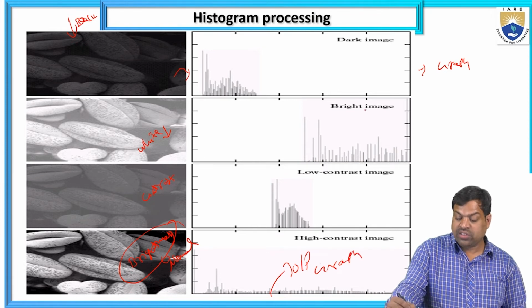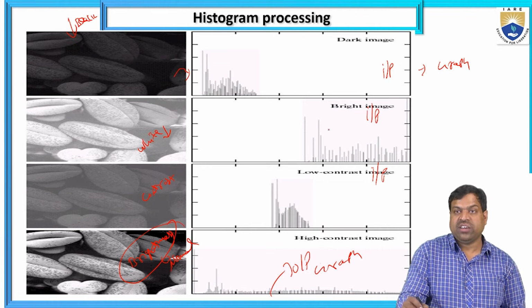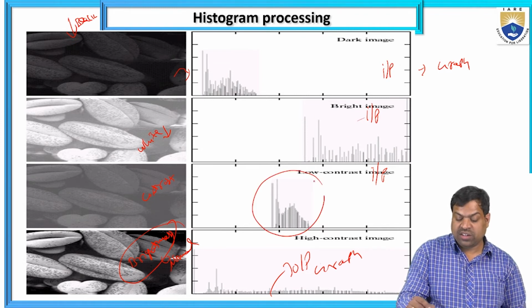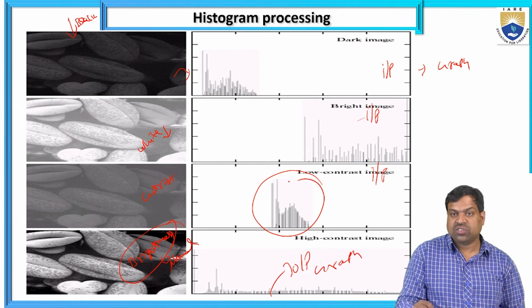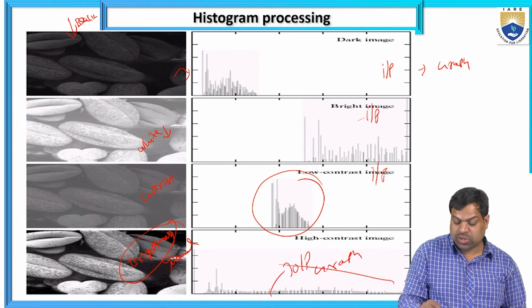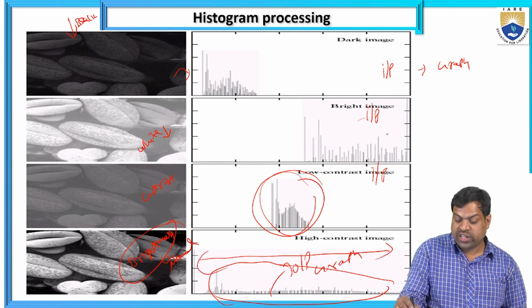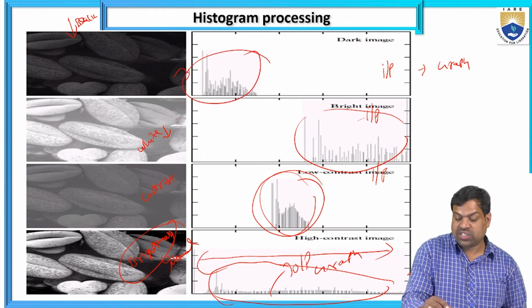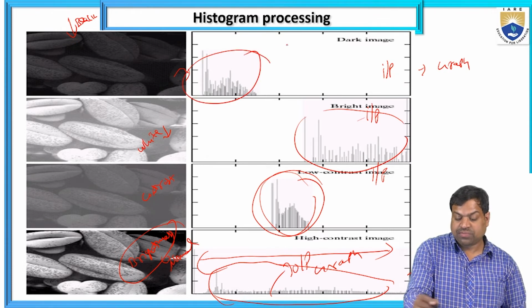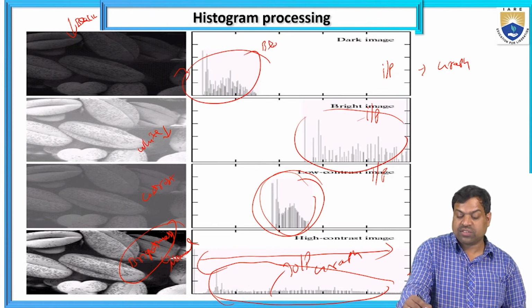These are all our inputs. Why? Because here blackish is high, here whitish is high, here the contrast is very high. That is the reason I am going for normalization. You can observe it going from x-axis to y-axis. Here it is only one side, meaning black is high, or white is high.